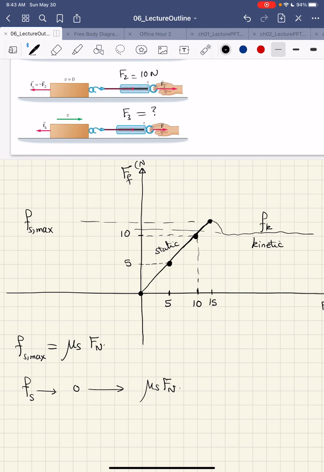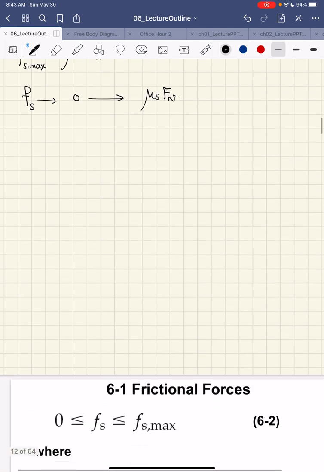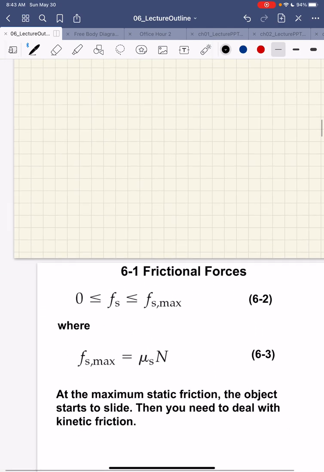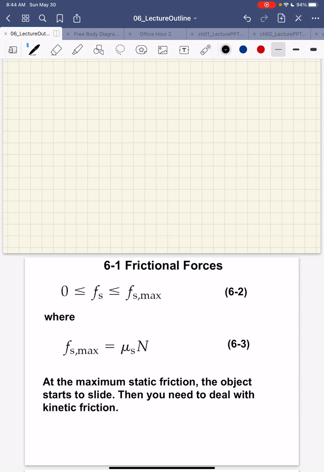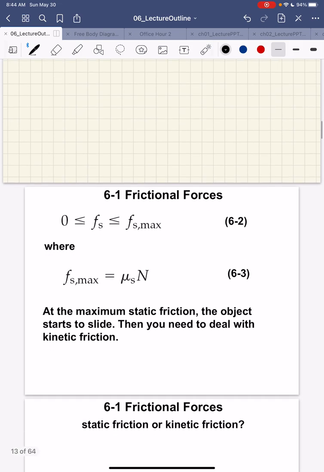Then the object can now keep the motion, and it needs less force to keep the motion, and the motion is going to be, of course, with acceleration. Now, related to what I was talking about, 0 is less than or equal to Fs, which is less than or equal to Fs maximum, and Fs maximum is mu s times the normal.